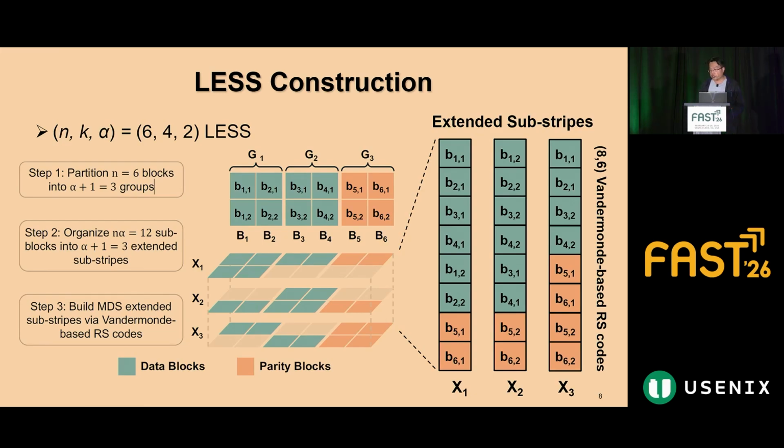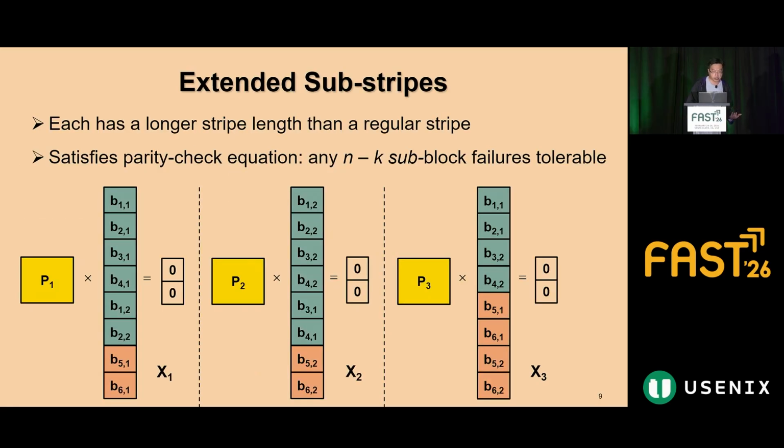So in LESS, what we do is first we divide these blocks into different groups, and then we try to organize the subblocks into alpha plus 1 extended substripes, and then we ensure that each extended substripe will be MDS based on Vandermonde-based RS codes. So let's go back to our example 6, 4, 2. So in this case, we have alpha plus 1, 3 extended substripes here.